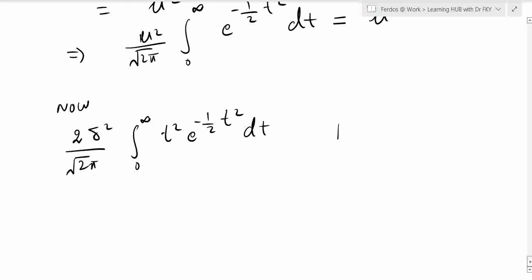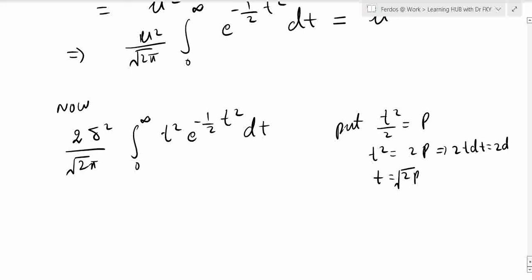Now again put t square divided by 2 equal to p, t square equal to 2p, t is equal to square root of 2p. Now again use the same thing, 2t dt equal to 2 dp.